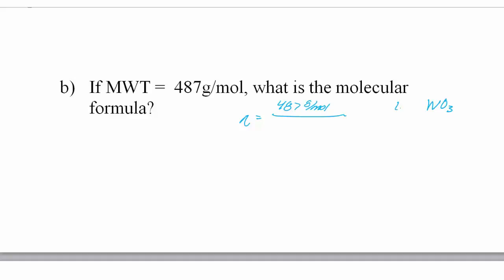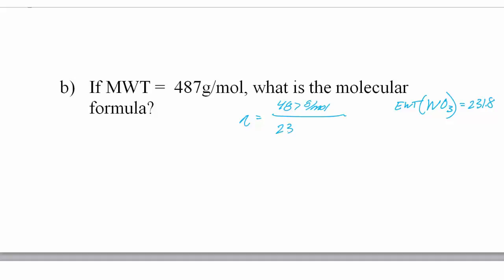So my empirical weight, WO3, is going to be what? Tungsten is 183.84 plus 3 times oxygen, 3 times 15.9994, about 231.8.